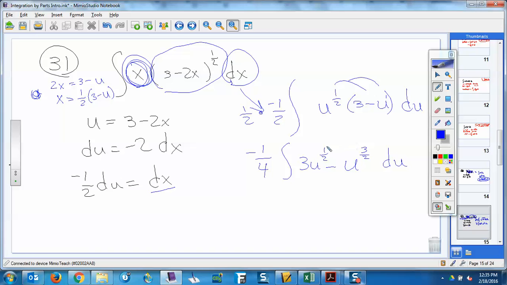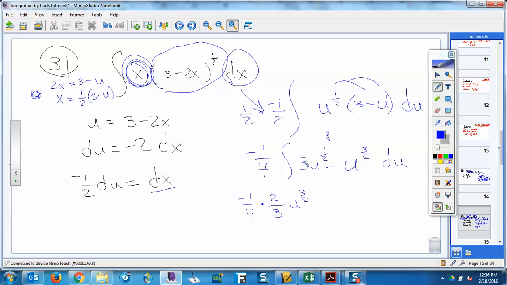Okay, now we're ready to do our antiderivative. So now we raise it like this one. This is going to have a bunch of fractions in it. So we're going to raise this up to what? 3/2 and divide by 3/2, which means times by 2/3. Now, both of these have a negative 1/4 on them, so I'm going to bring that along. So I've got my negative 1/4. I divide by 3/2, that'd be 2/3 u to the 3/2.